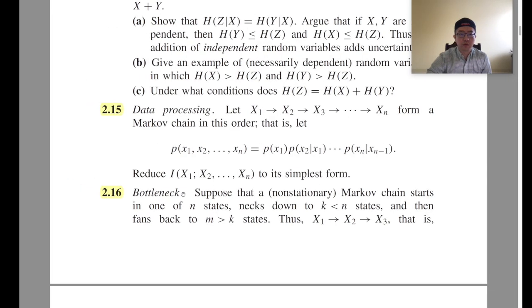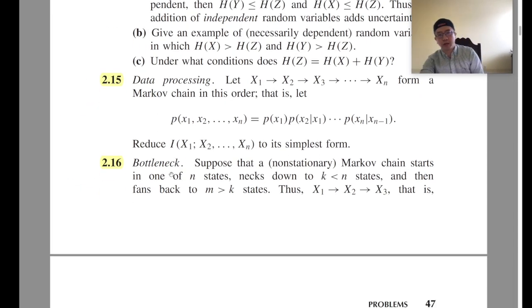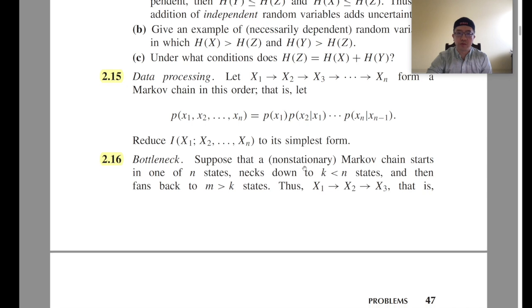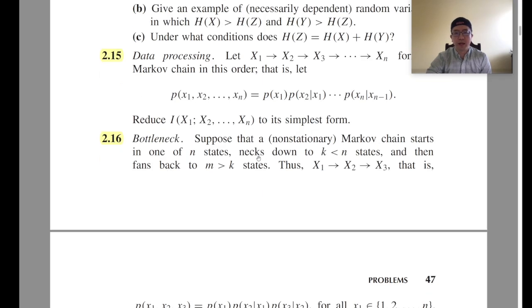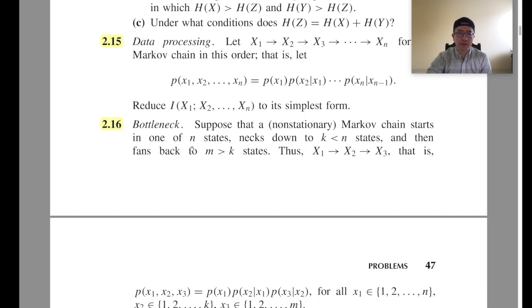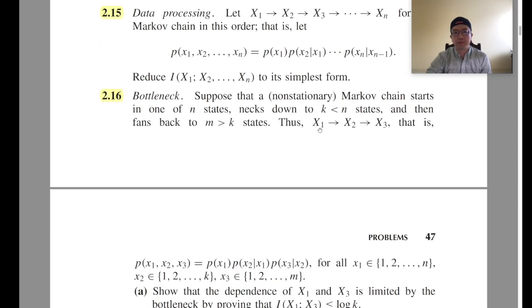Next is question number 14. It's called bottleneck. Suppose that a non-stationary Markov chain starts in one of n states, necks down to k less than n states, and then fans back out to n states, so we have a Markov chain like that.